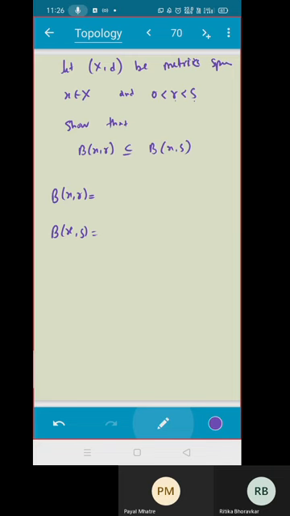You should write therefore, whatever you have taken, y. So therefore y belongs to B(x,s). So that means we have proved that we have taken an element from there and we got the element here. Do you agree, everyone? Do you understand the proof? It is quite easy.